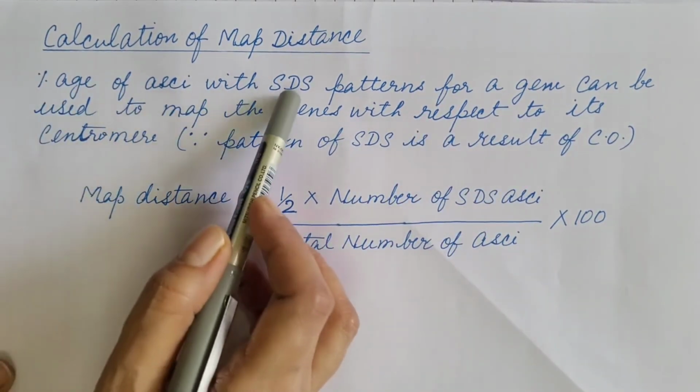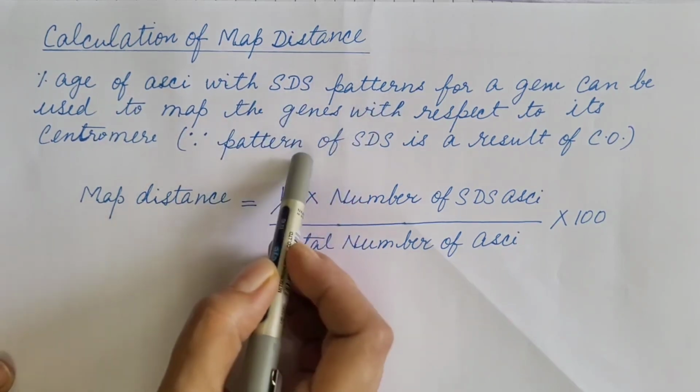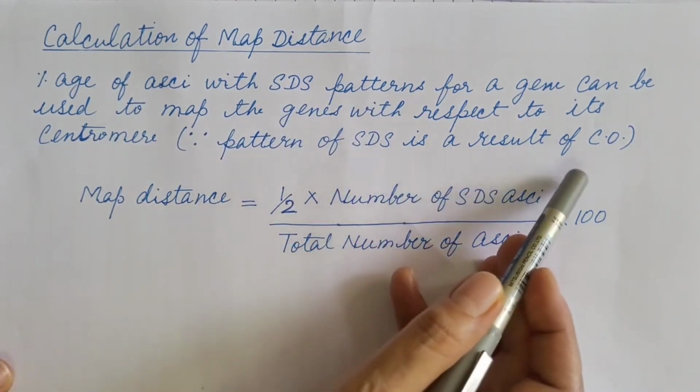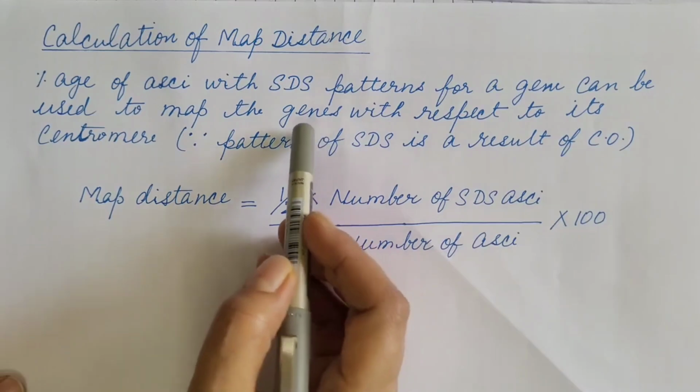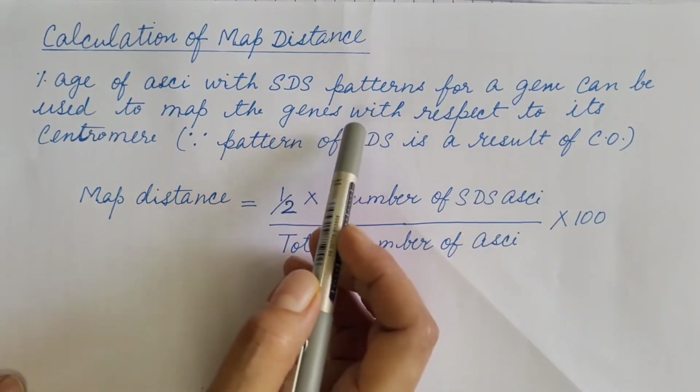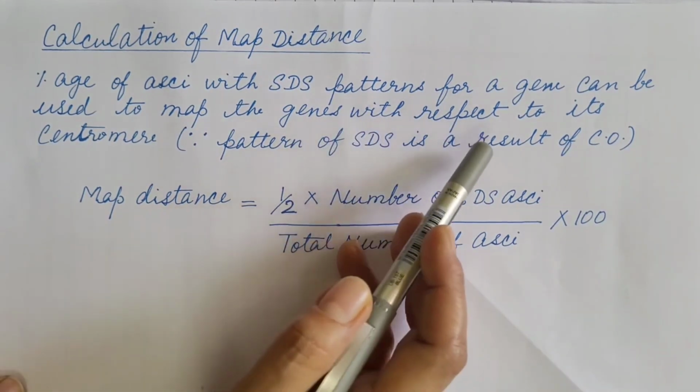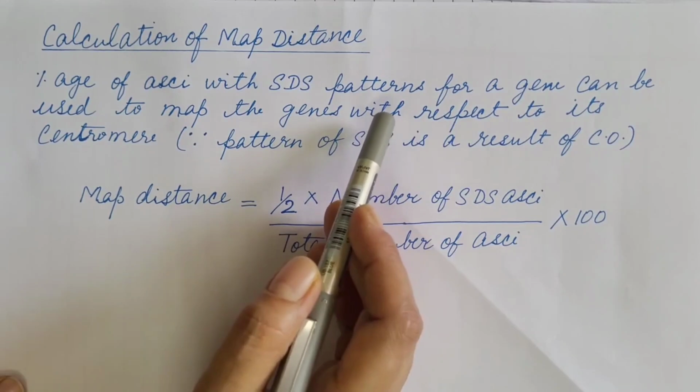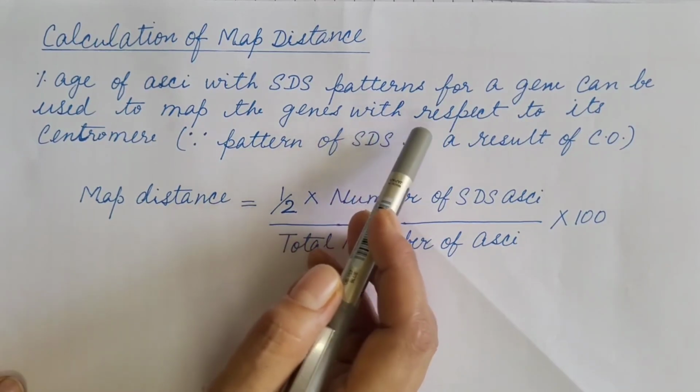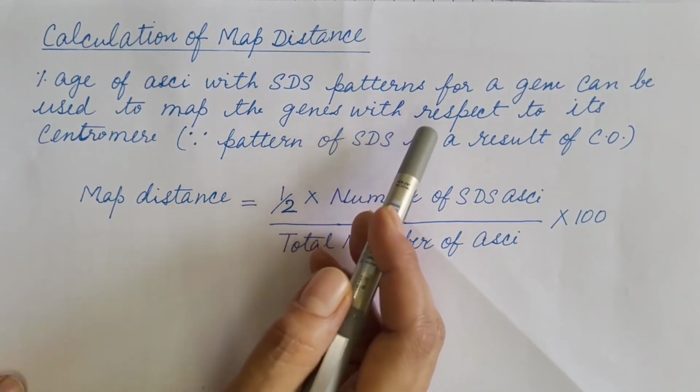The percentage of asci with SDS pattern is used because the SDS pattern is a result of crossing over. Crossover separates a gene from its centromere only when it occurs in the region between the centromere and that gene.